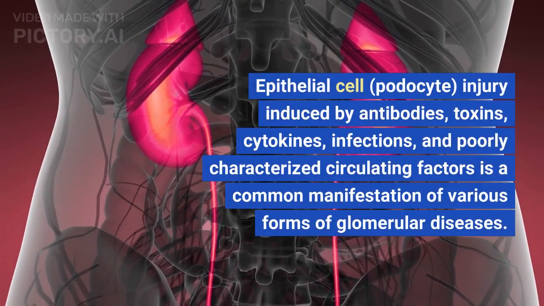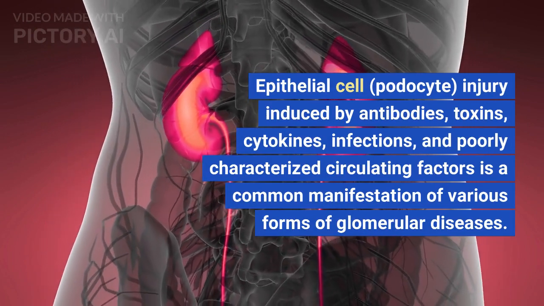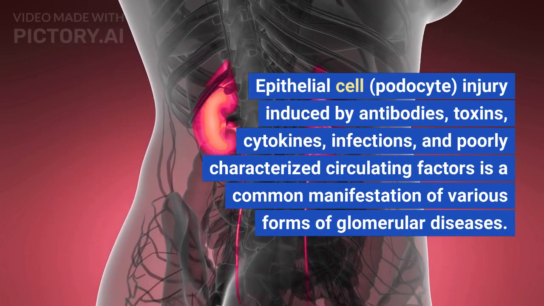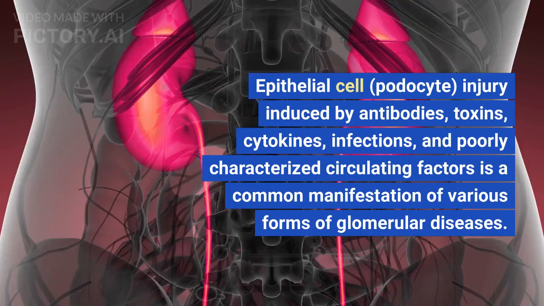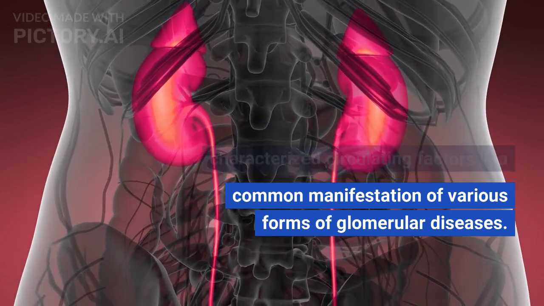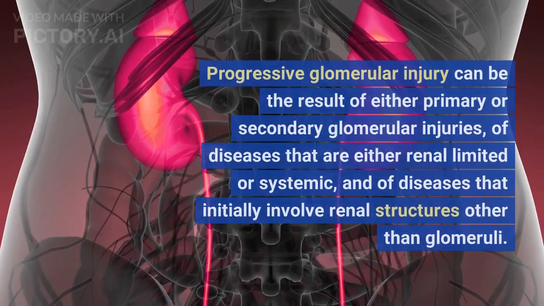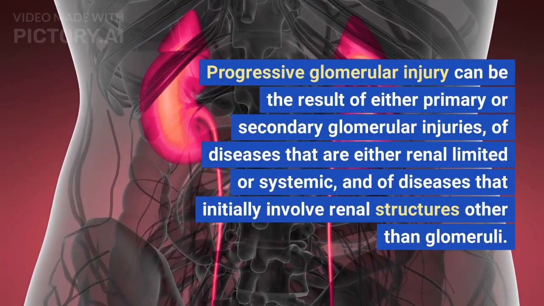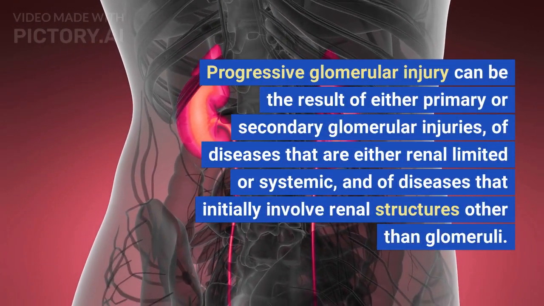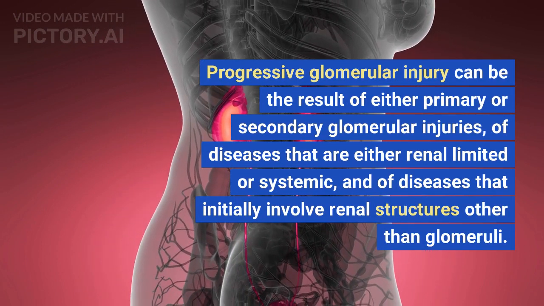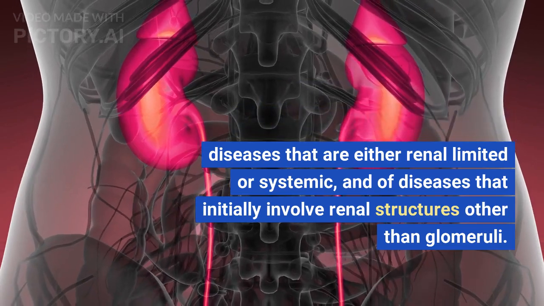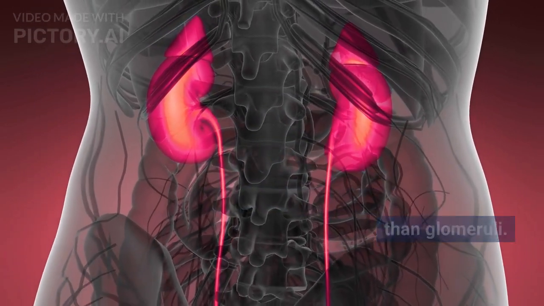Epithelial cell, podocyte, injury induced by antibodies, toxins, cytokines, infections, and poorly characterized circulating factors is a common manifestation of various forms of glomerular diseases. Progressive glomerular injury can be the result of either primary or secondary glomerular injuries, of diseases that are either renal-limited or systemic, and of diseases that initially involve renal structures other than glomeruli.